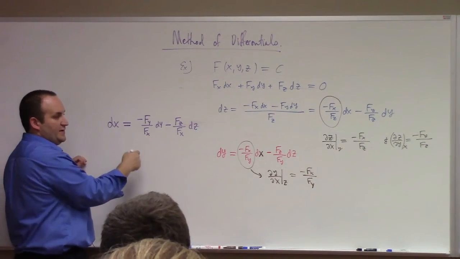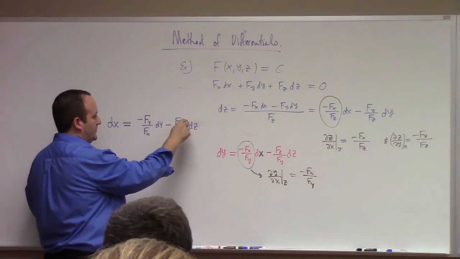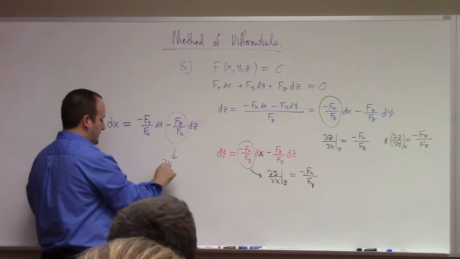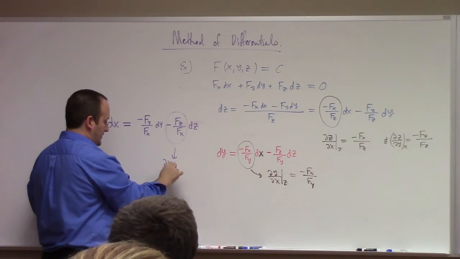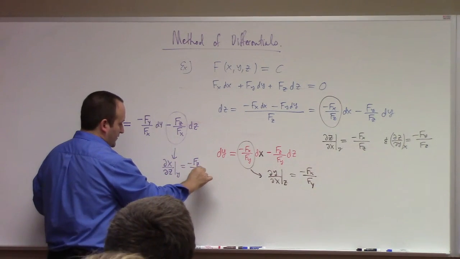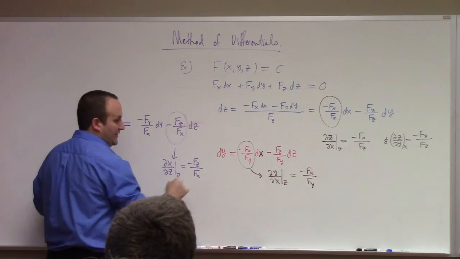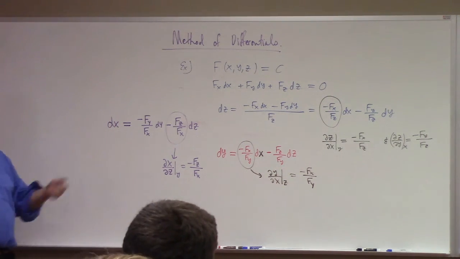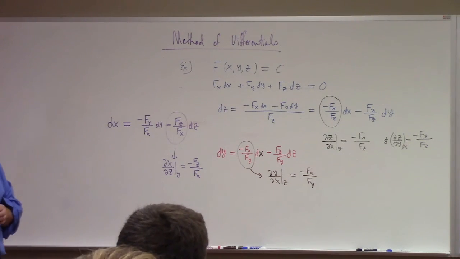So we can read different parts. Let's pick one here. That tells me that partial x, partial z holding y fixed is equal to minus fz over fx. I mean, by now you probably see the pattern. You probably know what I should write here once I write down the variables, even without doing the calculation, if you picked up on the pattern.